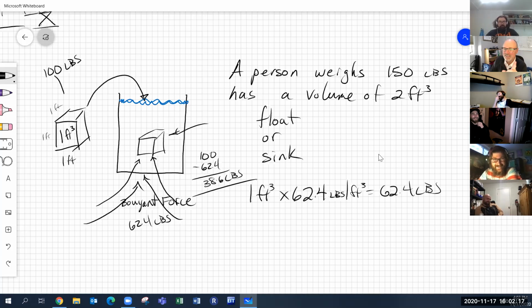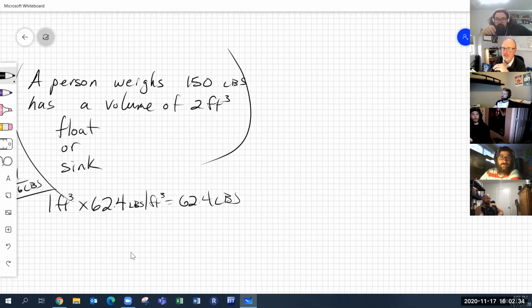So let's put it this way. This person weighs 150 pounds and has a volume of 2 cubic feet. Float or sink? Let me draw it out.